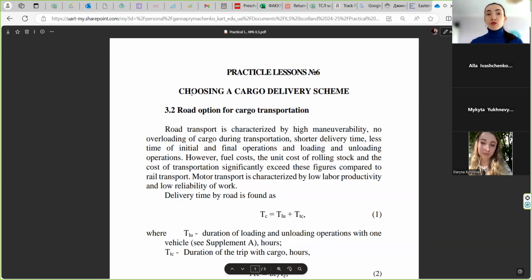Today we do task number 3.2. Also write: road option for cargo transportation. So today we find time parameters and money parameters for car transport.